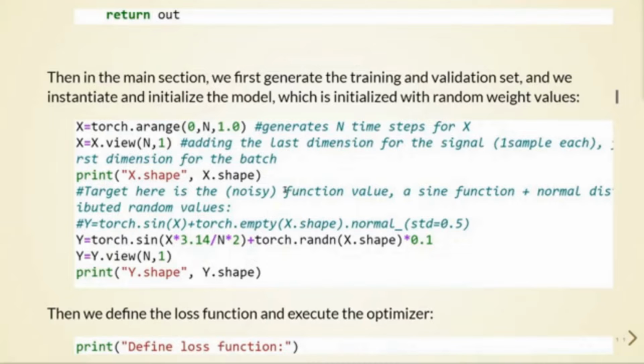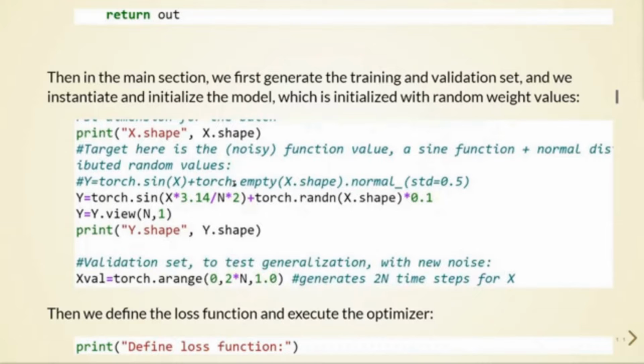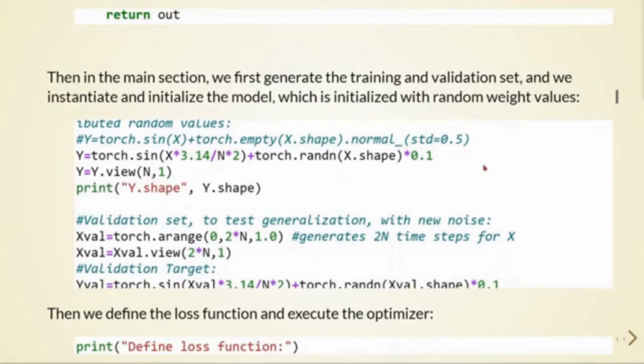Then we are creating the target, which is a noisy function value, so it's a sine function plus normally distributed random values, and this is what we are doing here. And we are also reshaping our target. This is our training set.